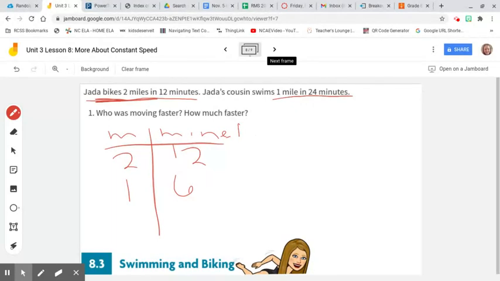So Jada bikes faster than her cousin swims, but we need to figure out by how much. 1 mile in 6 minutes.